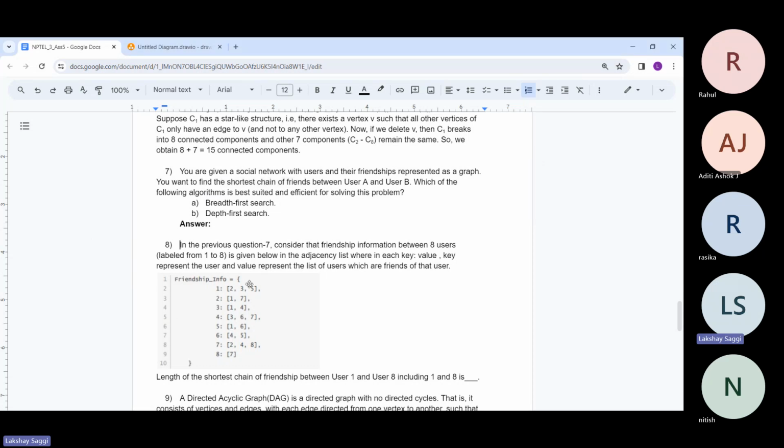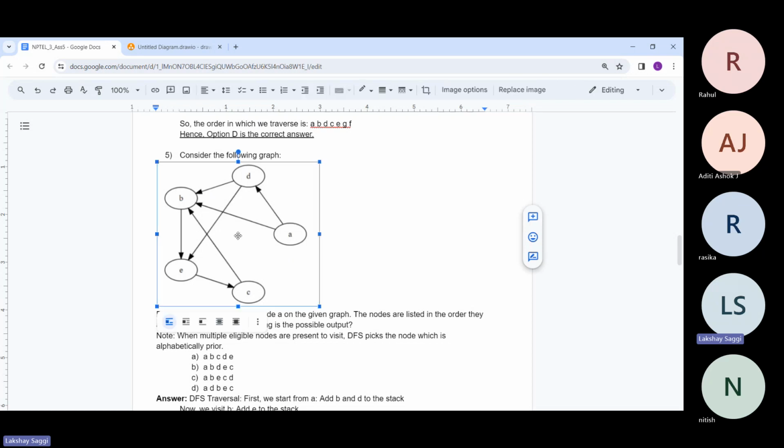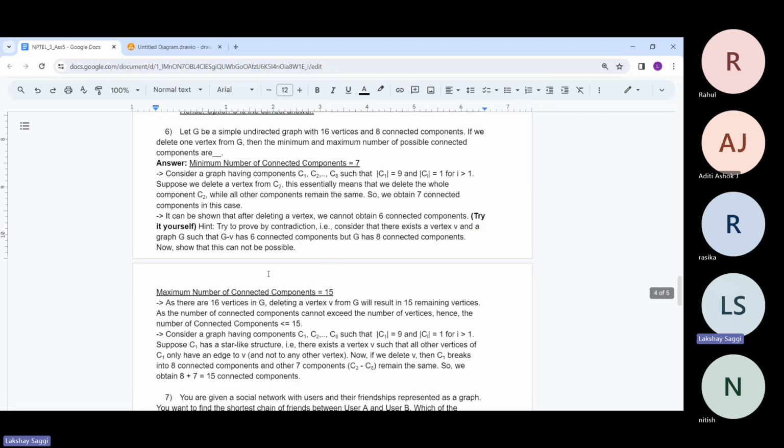So just as an example, just see the graph here, in which we did DFS. While we did DFS, what we did was we initially were at A, then we went to B, then at E. Okay, maybe this is not a good example, but yeah, just leaving this aside.